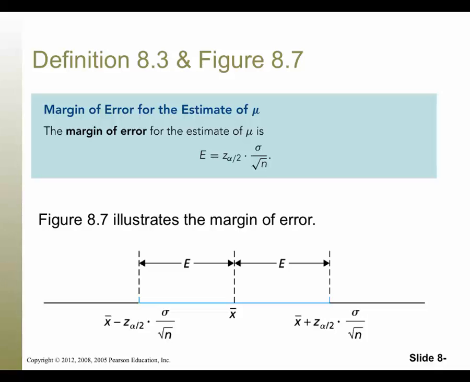Okay, so again, here's just the same thing again, illustrating that margin of error would be this part of this, right? So we've got a point estimate plus the margin of error gives us the max, the point estimate minus the margin of error gives us the min of the confidence interval.